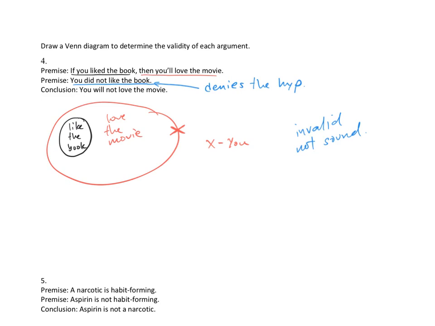If we have if P then Q, we have this statement here that says not P. This denies the hypothesis, and our conclusion way down here at the bottom was not Q. So if you go back and look a couple slides ago at that table, this exact setup right here tells us the argument is invalid. And since the argument is invalid, there's no way it can be sound.